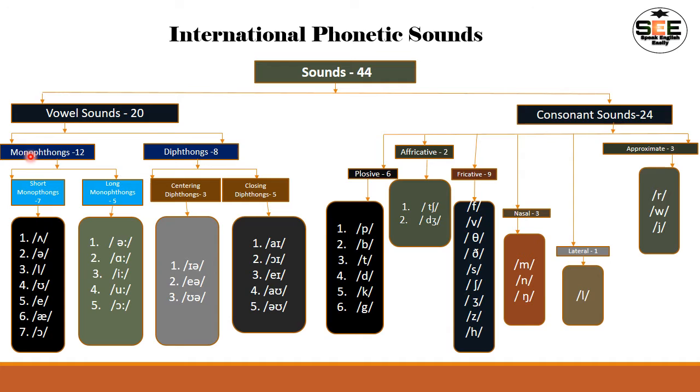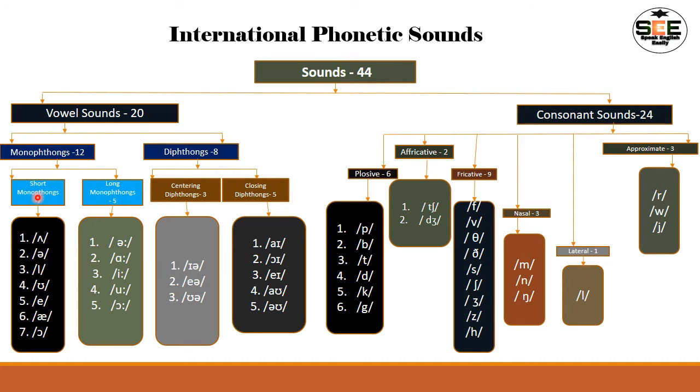To understand this, we should know this also. These 20 vowel sounds are divided into 2 categories: monophthongs and diphthongs. Monophthongs are 12 and diphthongs are 8. Monophthongs are also divided into 2 categories: short monophthongs and long monophthongs.